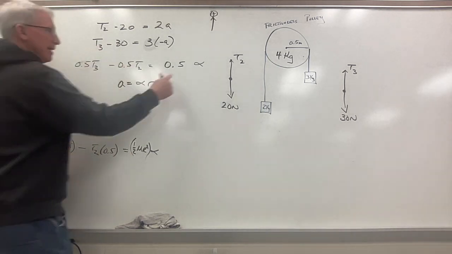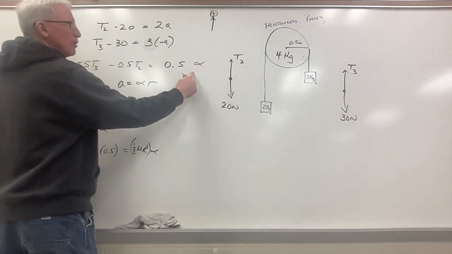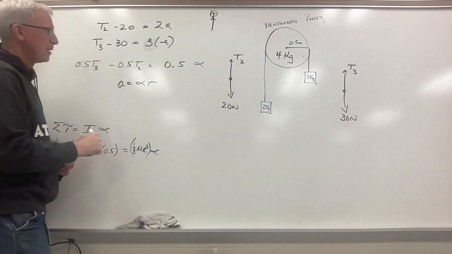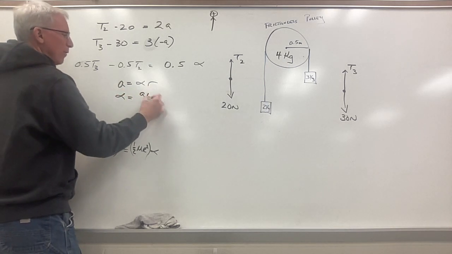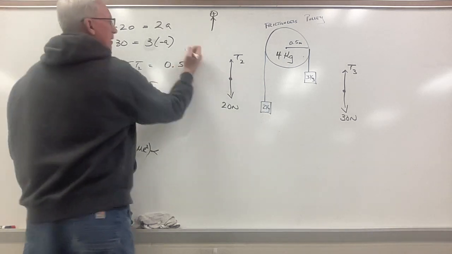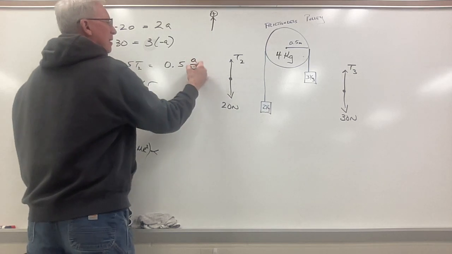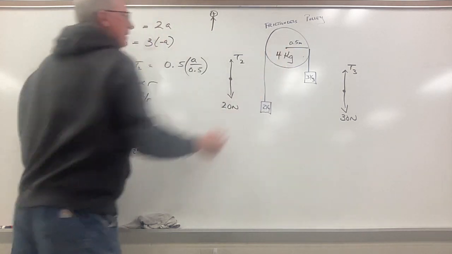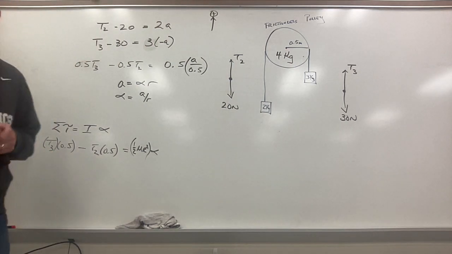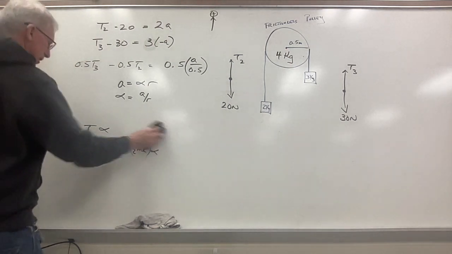So we're going to link our rotational equation to our linear equation. So this means that alpha is equal to A over R, and I'm going to plug in A over the radius of my pulley, which is 0.5. Let's get rid of this stuff.